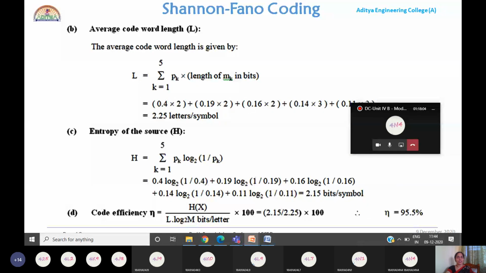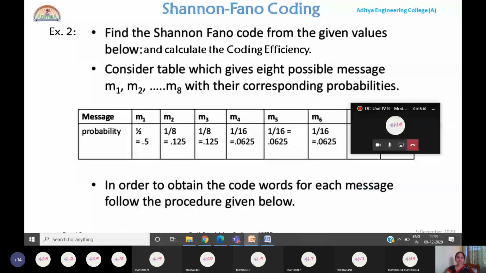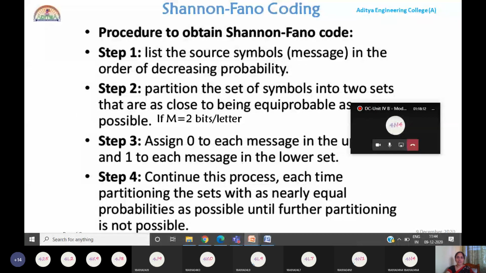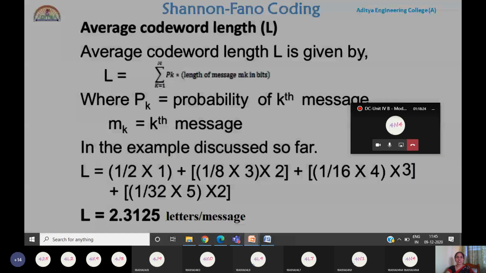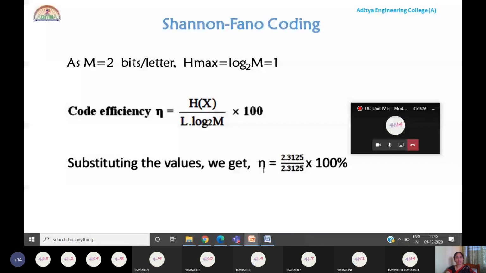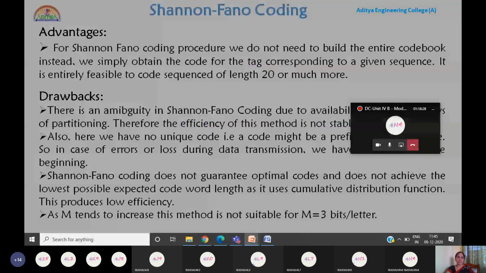What happens to the Shannon Fano encoding process as and when the m value increases? As the grouping of bits per letter, the m value, increases, what will happen to the efficiency of the Shannon Fano encoding process? Take the first example with m is equal to 2 and calculate the efficiency.